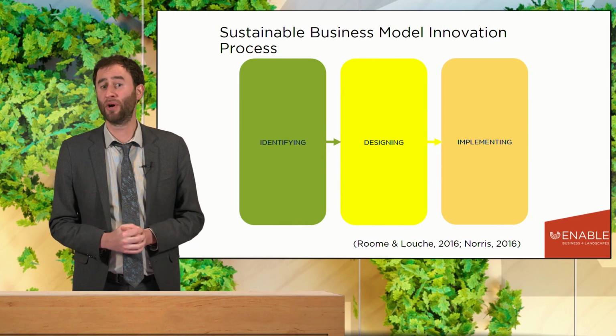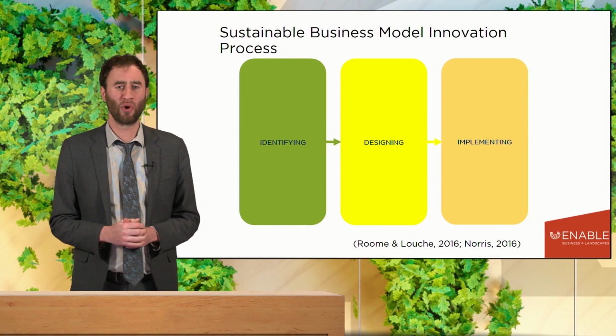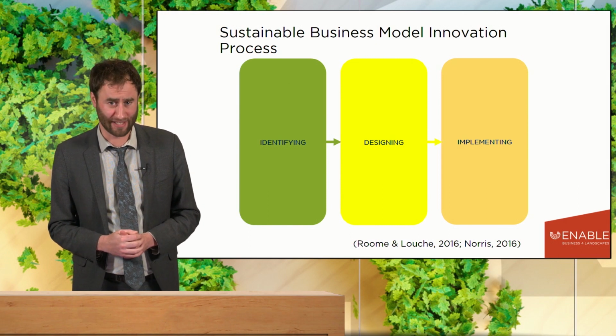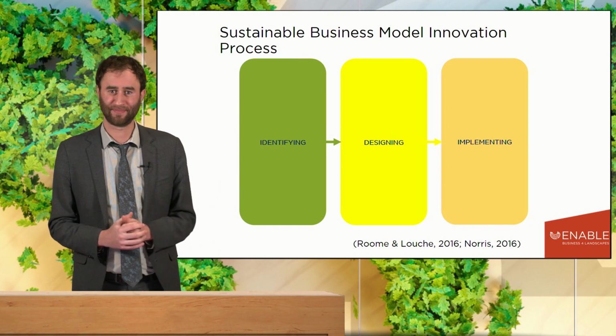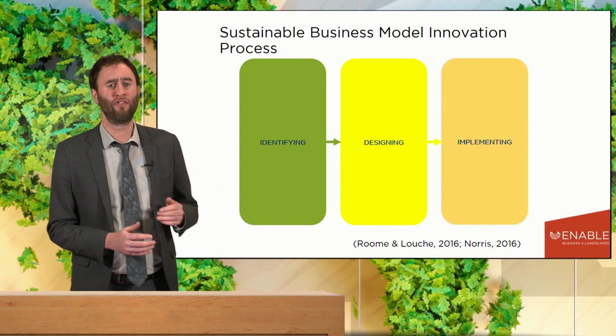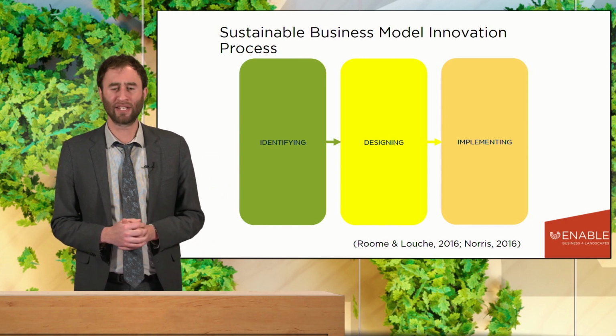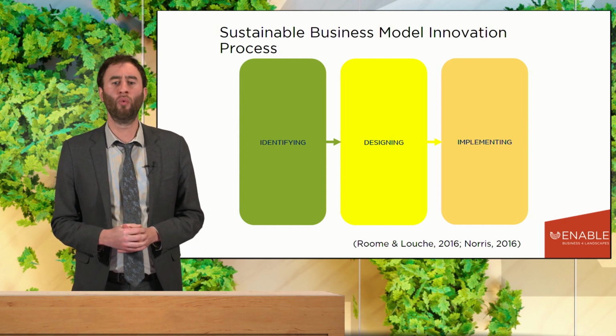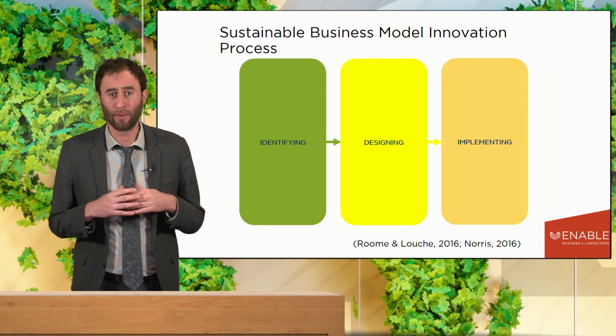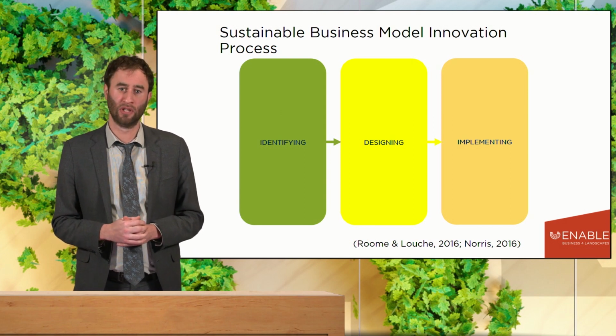The sustainable business model innovation process may be broken down into 3 basic phases: identifying, designing, and implementing. These phases are offered here sequentially, but in reality the process may be a lot messier. There is also not one blueprint for how the process should look like.